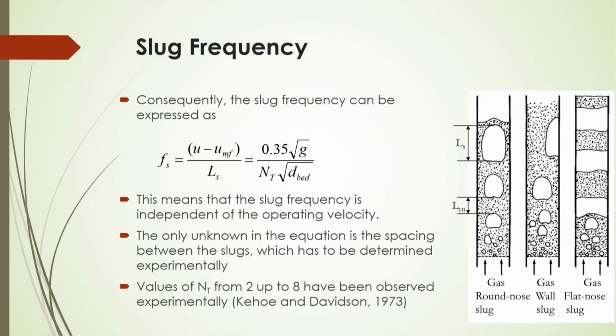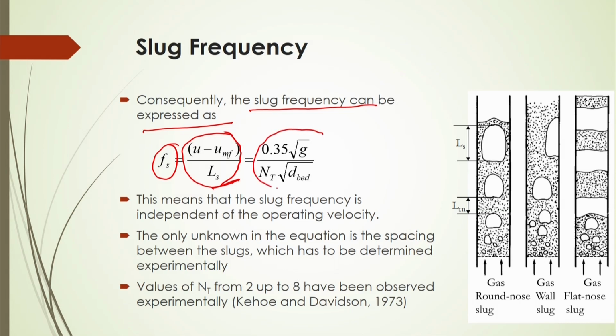Another important point is how many slugs will be formed inside the bed for a particular operation of the slugging condition. Now, the slug frequency, first denoted by Fs, can be calculated in this way, that is U minus UMF by Ls. Once you know this Ls, that means the slug length, if you divide the flow rate of fluid by this length of the slug, then you will be able to calculate the number of slugs formed here.